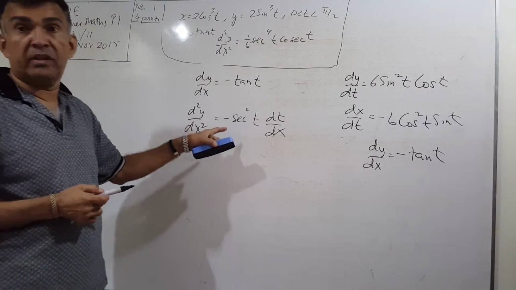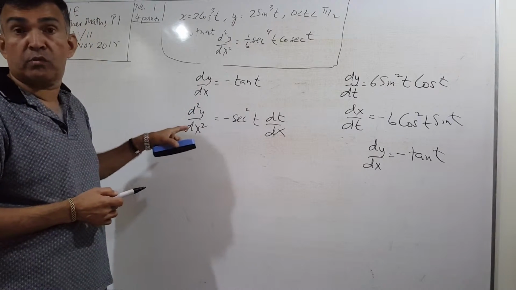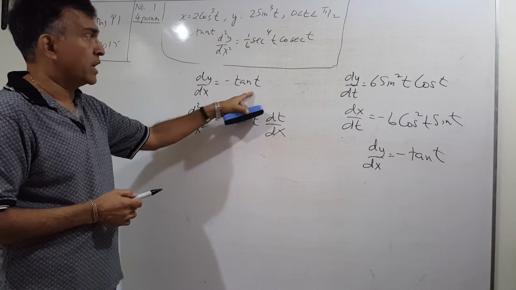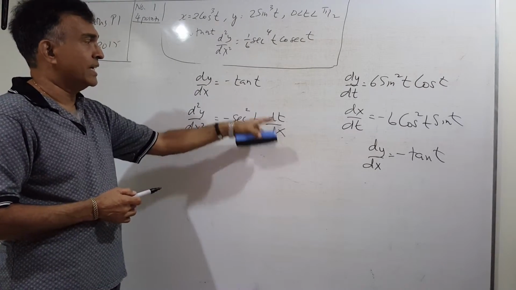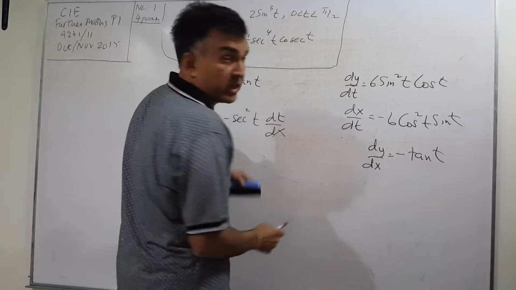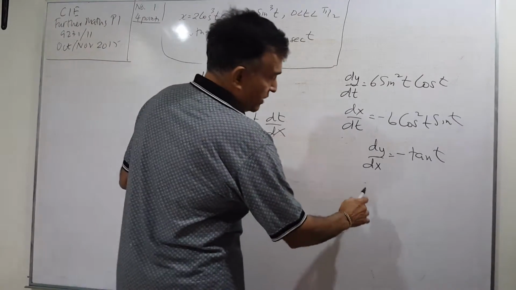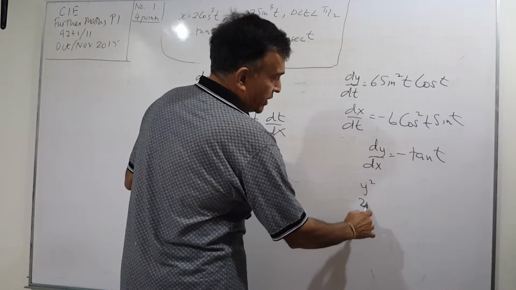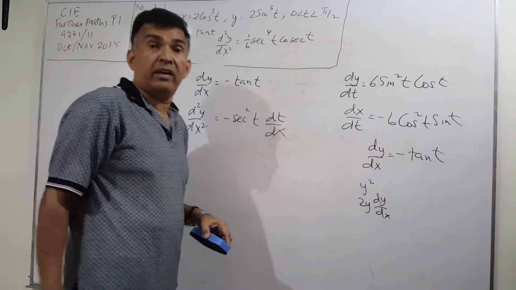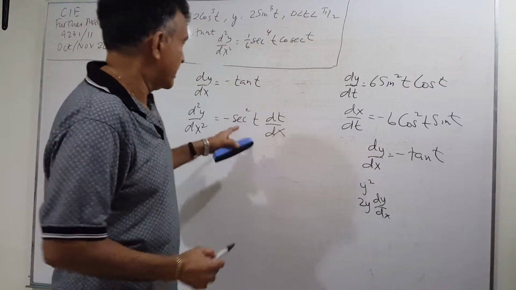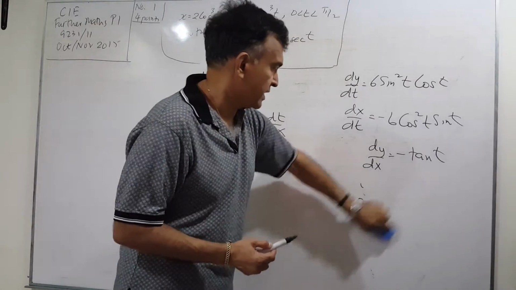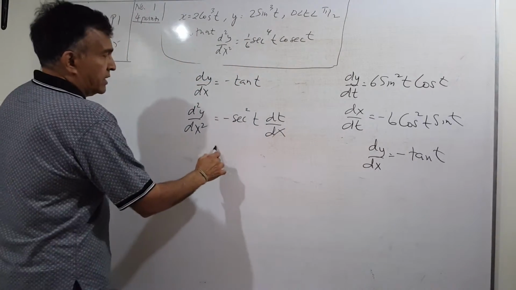Don't forget, we are differentiating with respect to x. So this becomes d2y dx squared, and this one becomes negative secant squared t dt dx. If you have forgotten this, remember implicit differentiation: if you differentiate y squared, you write 2y times dy dx. Same idea. We have secant squared t times dt dx.